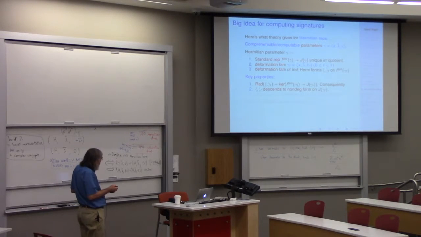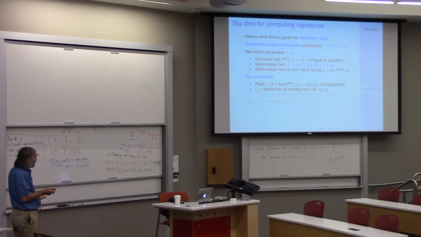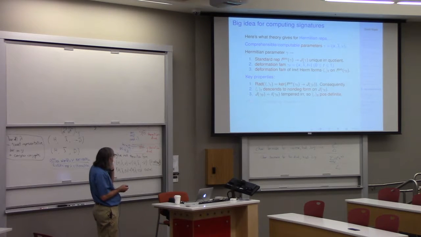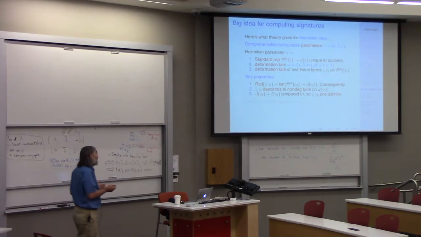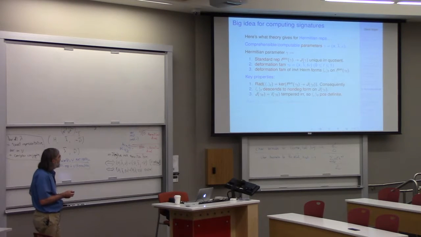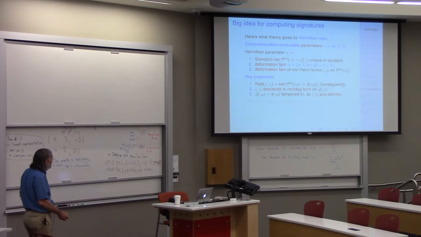And so the form on the standard module descends to a non-degenerate form on this irreducible quotient. At t equals 0, I'm lying a little bit, but never mind, this representation is tempered, and so the form is definite.